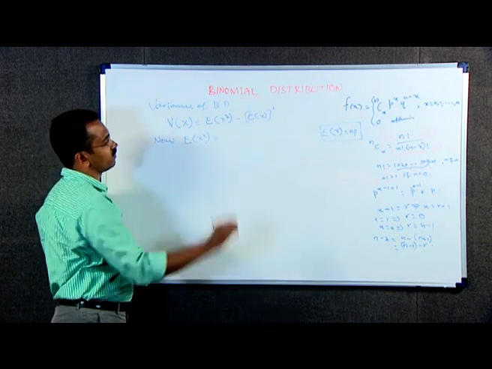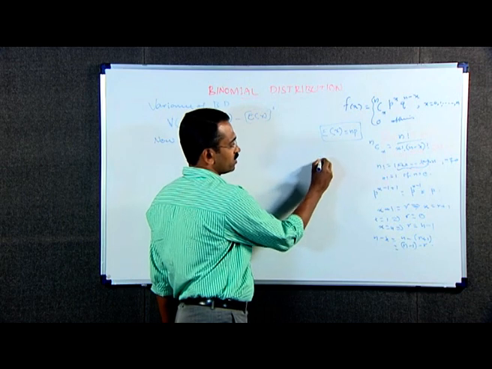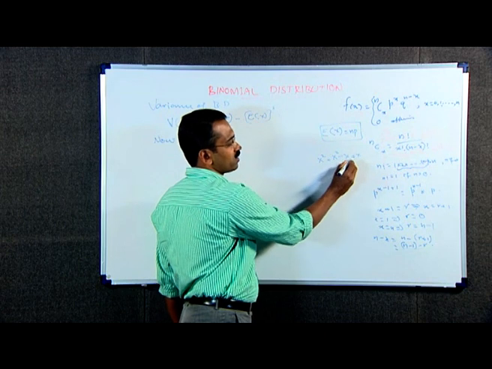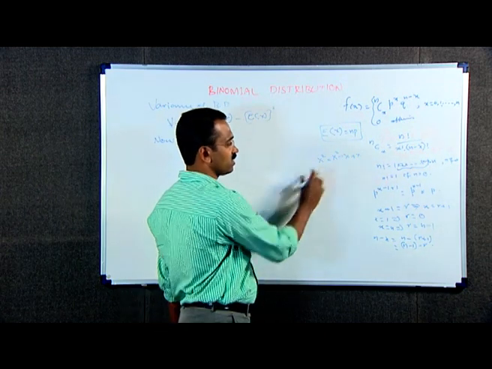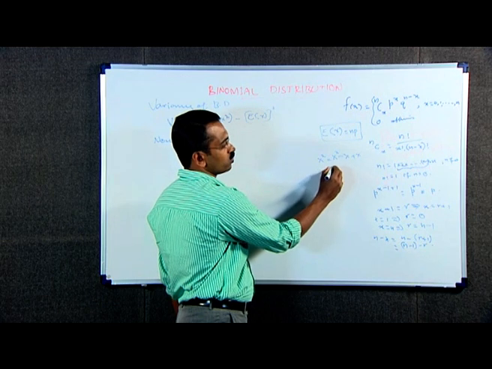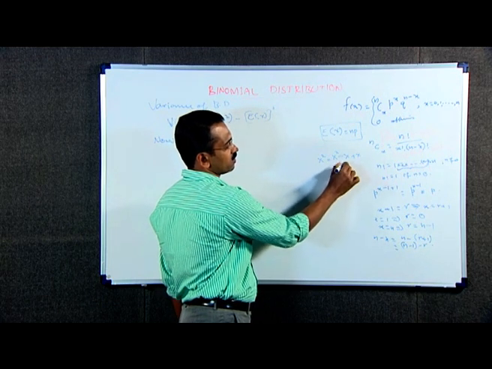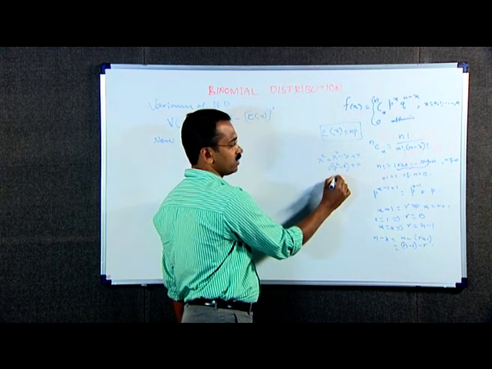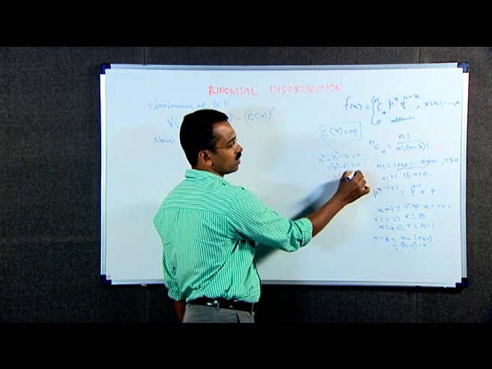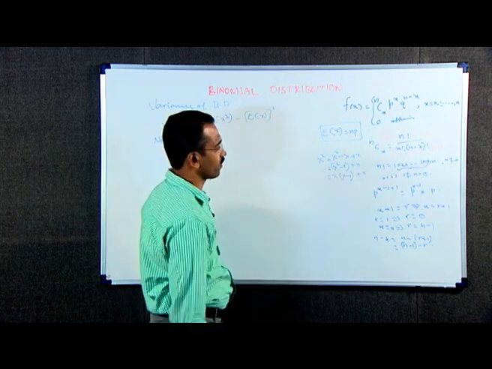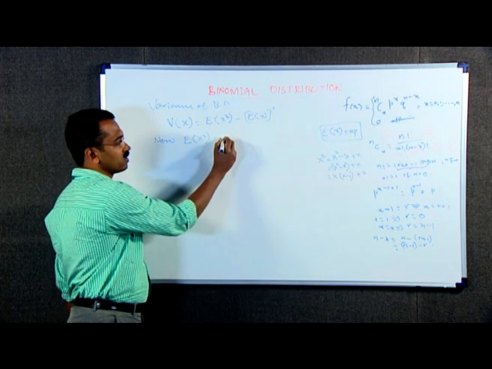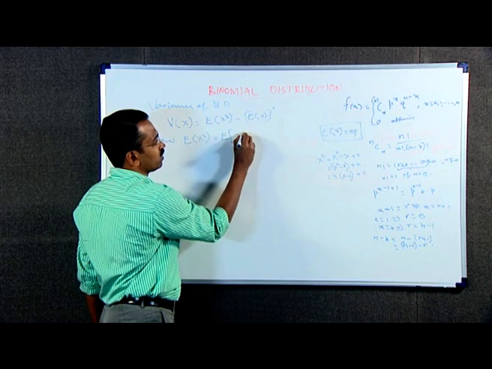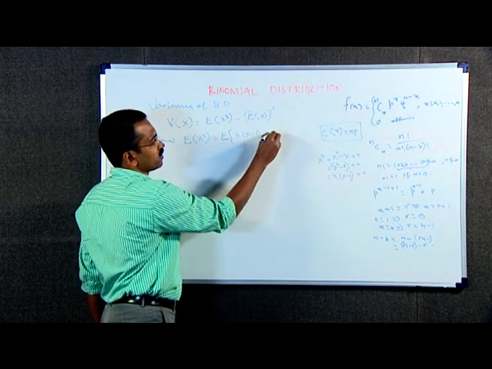Expectation of x square. We write x square as x square minus x plus x. That is, we just add x and subtract the same. This is equal to x square minus x plus x. That is, we can take x outside, then x into x minus 1 plus x. Therefore, E of x square is equal to expectation of x into x minus 1 plus x.